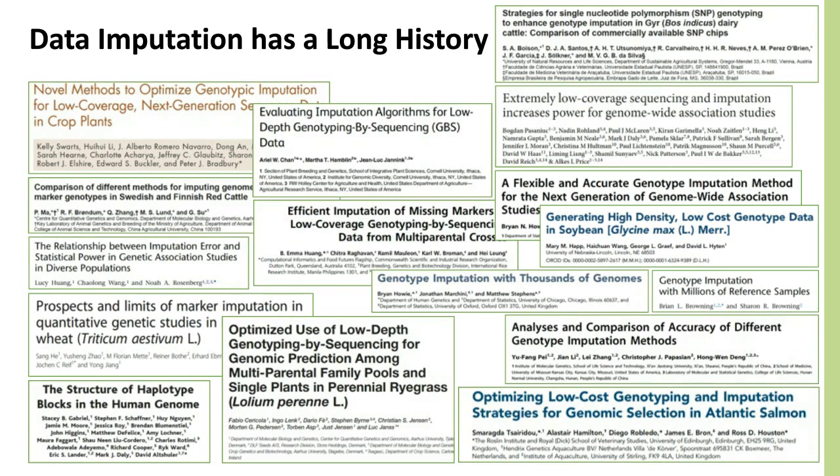Imputation is not something that is unique to Energene or anybody else. There's a lot of activity in this area, but it is something that Energene has invested heavily in so that we can assist research organizations in reducing their genotyping costs and taking full advantage of the best in imputation algorithms.